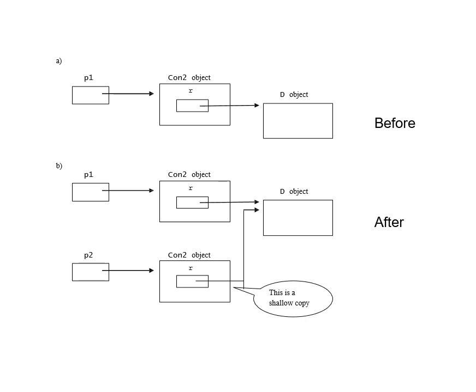So if you use P1 to ultimately get to the D object and change it, it also changes the structure associated with P2, and vice versa. If you use P2 to get to the D object and change it, that changes the structure associated with the P1 pointer. Generally, it's not desirable to have this kind of situation.